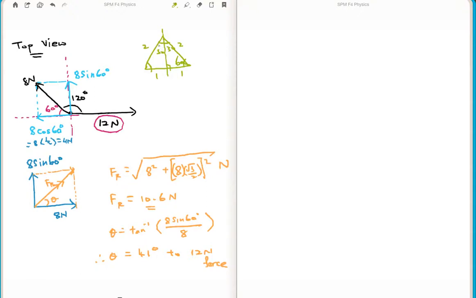Now if you have this triangle, it will be so much easier to find the value of sine 30. Sine 30 is 1 over 2. Cos 30: this is 1, this is 2, this is root 3, right? This length, 4 minus 1, is root 3. Cos 30 is root 3 over 2.